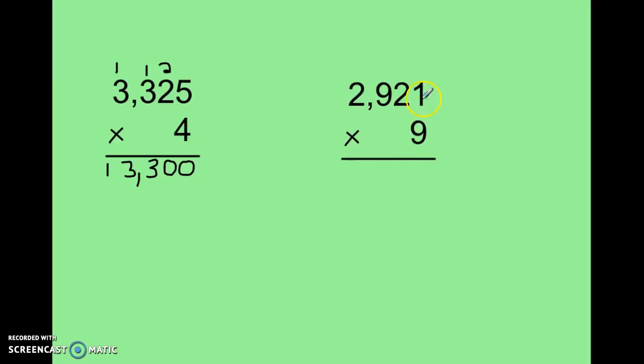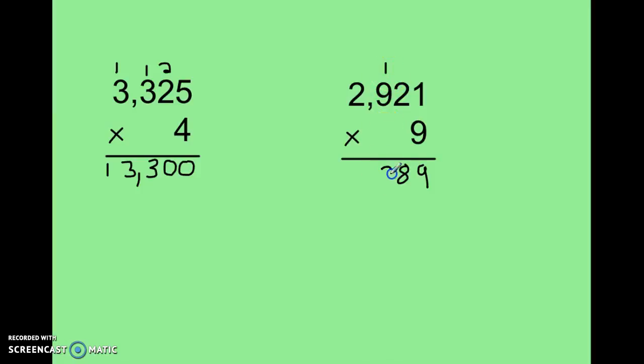Okay, I'll do my ones first. 9 times 1 is 9. And again, I want to make sure I keep things lined up. A trick to this, you can always turn your paper sideways so the lines are going down, or use graph paper can also help. 9 times 2 is 18, so I'll put my 8 here. Carry my 1 to the hundreds place. 9 times 9 is 81, plus 1 is 82.